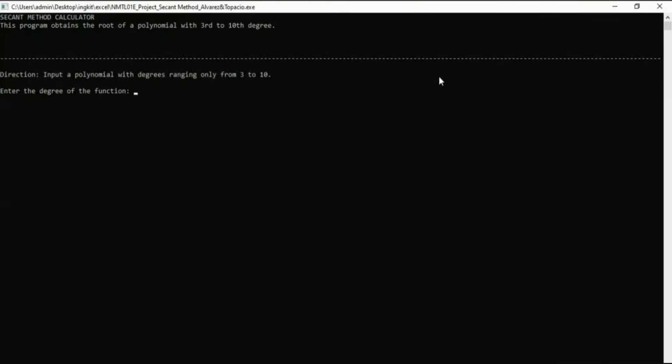And for another what if, as stated by Mr. Alvarez a while ago, what if we input initial values for x sub i minus 1 and x sub i of the same value?